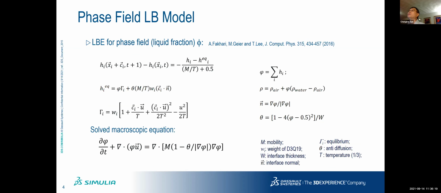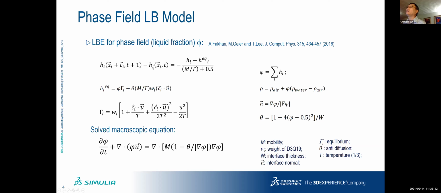So let's take a look at the phase field model. The first one is the phase field lattice Boltzmann equation for the phase field parameter phi, which we consider as a liquid fraction.